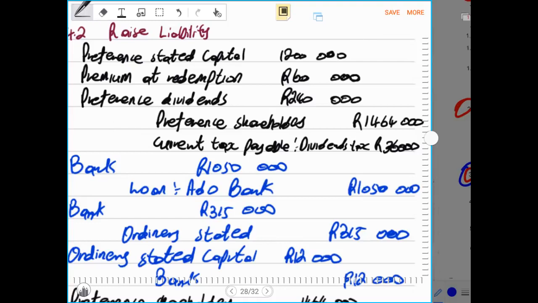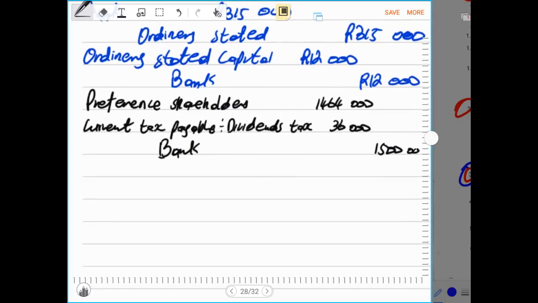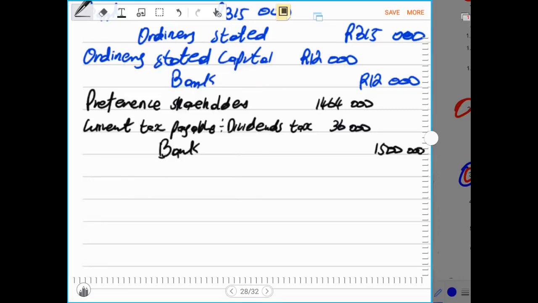Now we've debited the liabilities, and obviously our bank account will have to be credited. We credit our bank account by an amount of 1,500,000 rands, which is the sum of the debit side, 36,000 plus 1,464,000. That gives us 1,500,000 rands. So now a payment has been made.